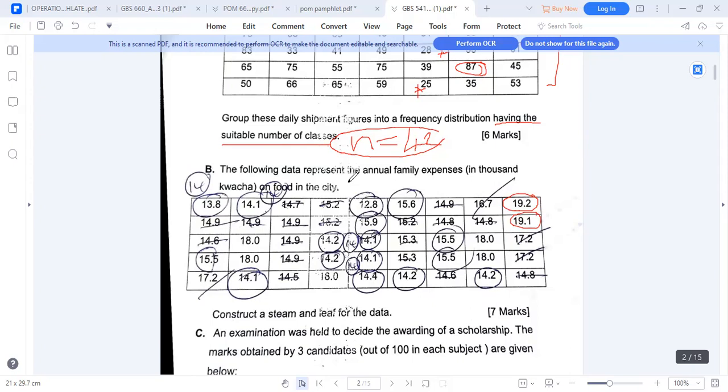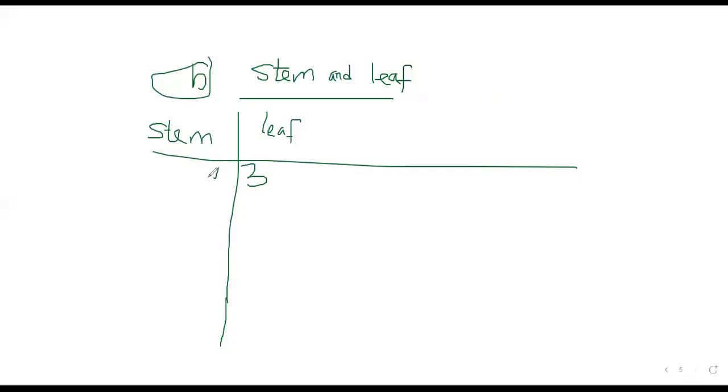So we counted 13 was 1. The 14, there were 10. So 14, you write 14, 1, 2, 3, 4, 5, 6, 7, 8, 9, 10.